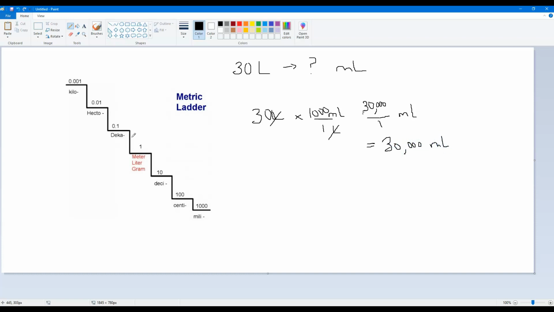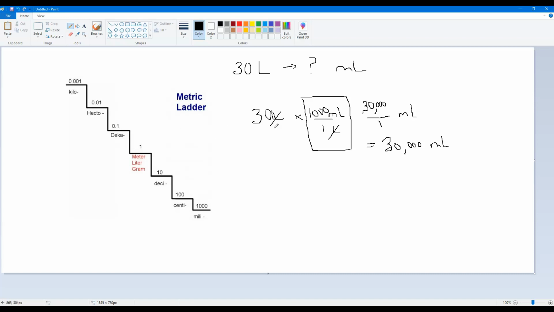So you can use this metric ladder to set up those conversion factors using the ratio here that 1 is equal to 10 decis, 100 centi, and 1,000 milli, and then over here we have 0.1 for deca, 0.01 for hecto, and 0.001 for kilo.